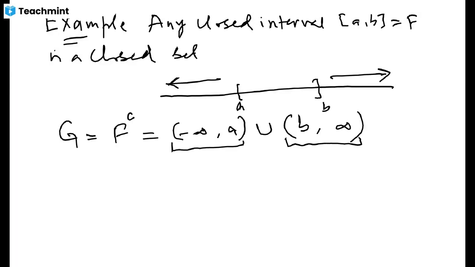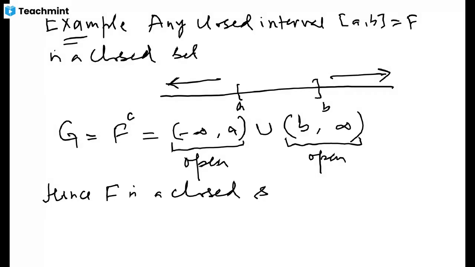That this is open, and the property of open sets is that union of open sets is open. Hence, this union is an open set. That means G is an open set. And what is G? G is a complement of F, and hence, by definition of closed set, it follows that F is a closed set.